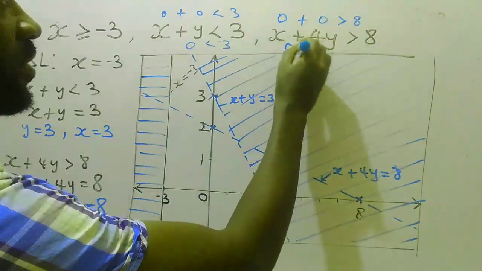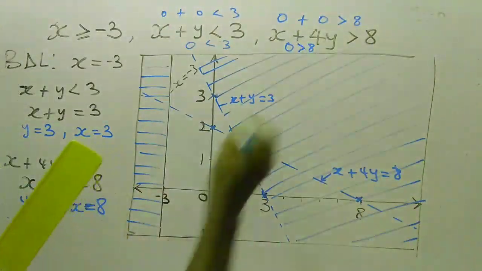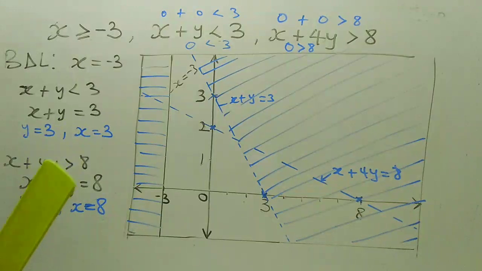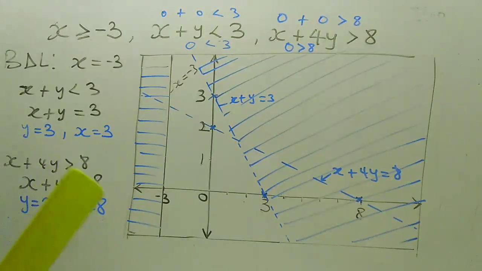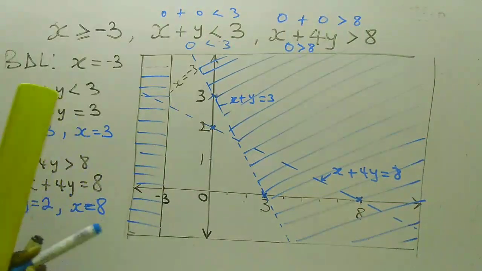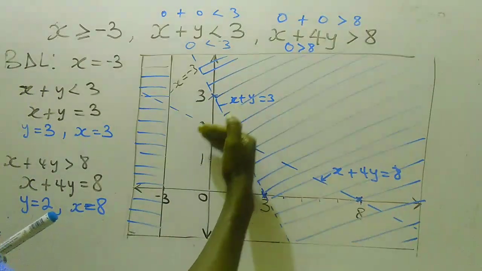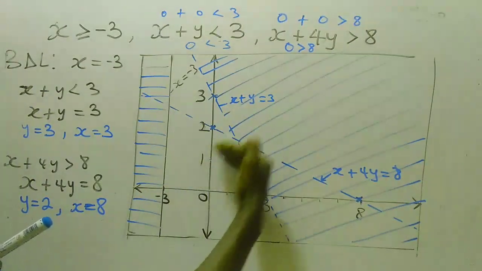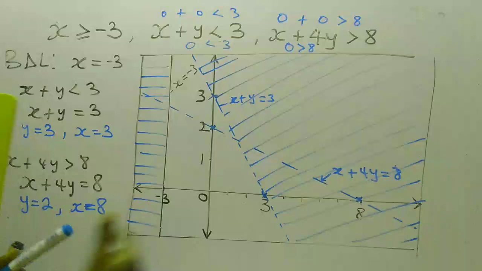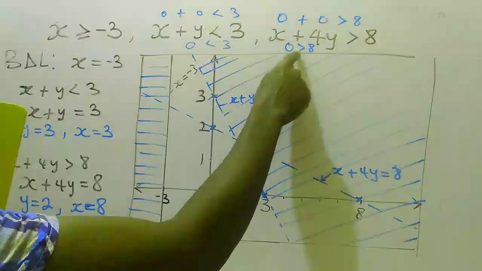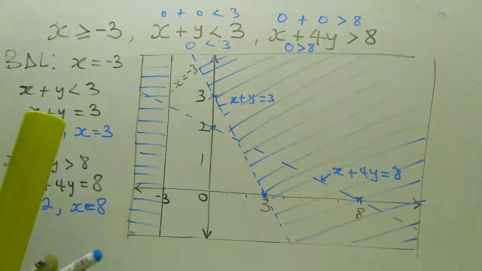This statement, 0 is greater than 8, is invalid because 0 cannot be greater than 8. So the region towards this origin will be rejected because this statement is invalid.